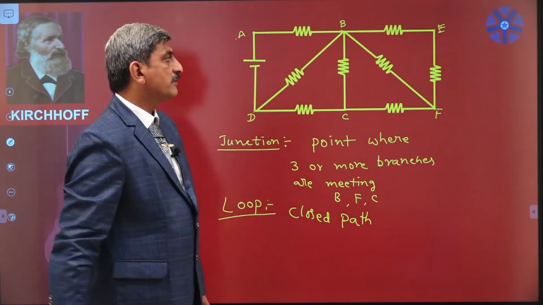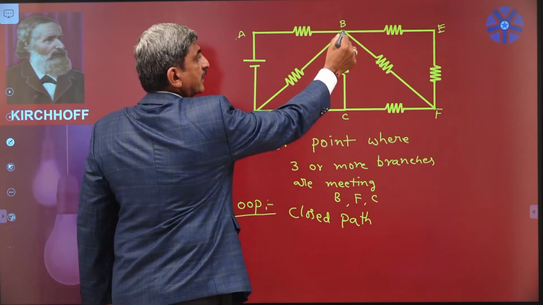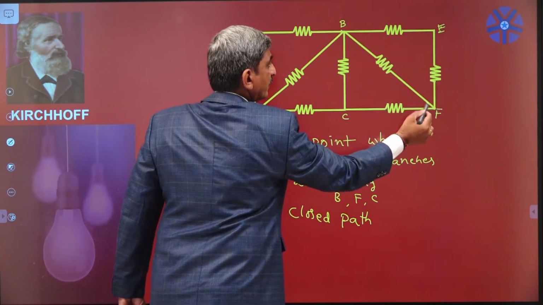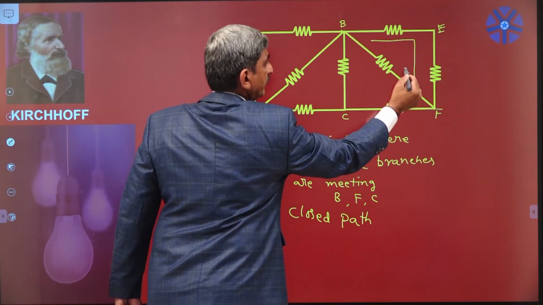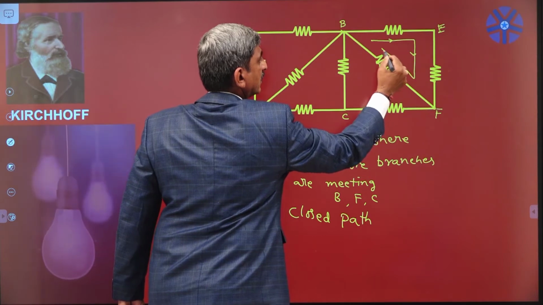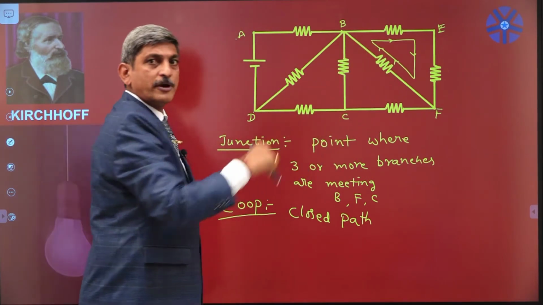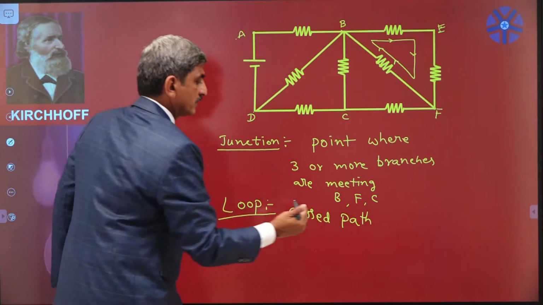So in this diagram, let us identify the closed paths. Suppose let us start at point B. B, E, F, B. This B, E, F, B is the closed path. We start at B and again we reach the point B.